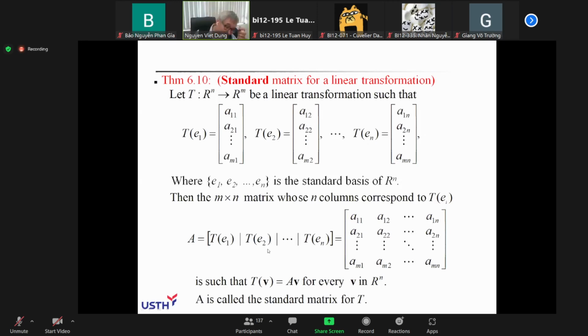You get a matrix A, and that matrix A will be called the standard matrix for the linear transformation T. And more than that, the matrix A satisfies that formula. It means that T(v) can be obtained by multiplying the matrix A and the coordinate column of v. That is satisfied for any vector v inside Rn.